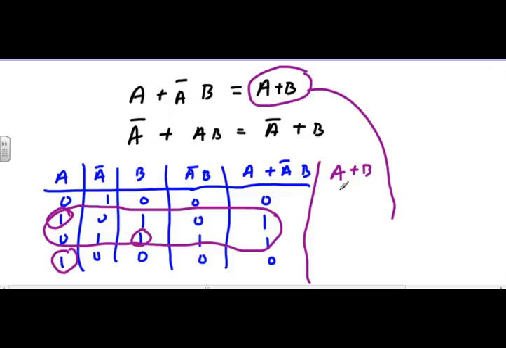Okay, so I got an A or B line. Where is A or B true? There it's true. 1, 0, 1, 1. Which makes that guy a 1. That's what you're trying to tell me. That's what I was saying.